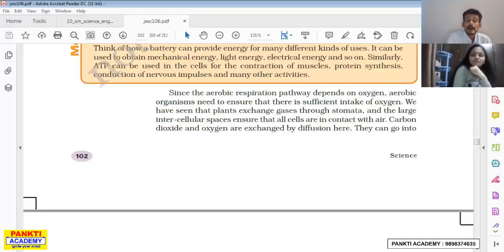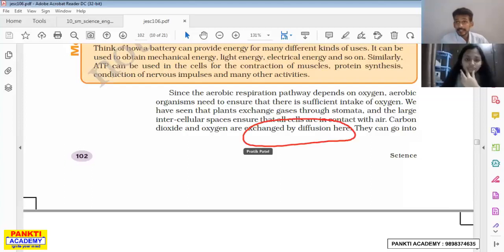We have seen plants exchange gases through stomata, and the large intercellular spaces ensure that all the cells are in contact with air, meaning other cells of the plant are directly in contact with air. Carbon dioxide and oxygen are exchanged by diffusion here.